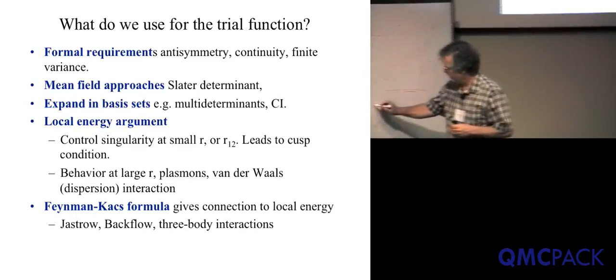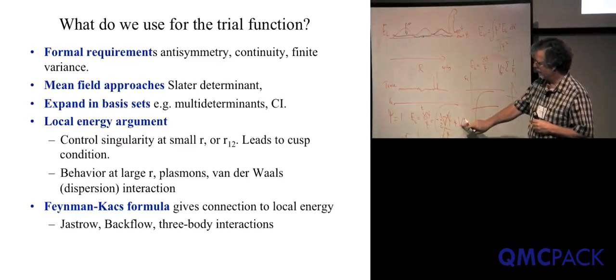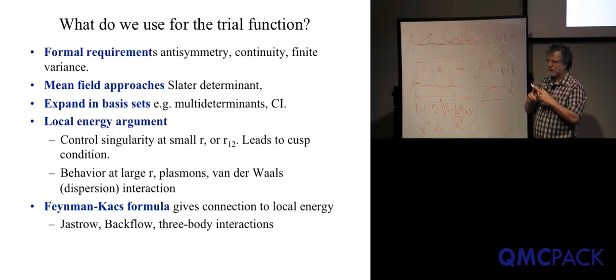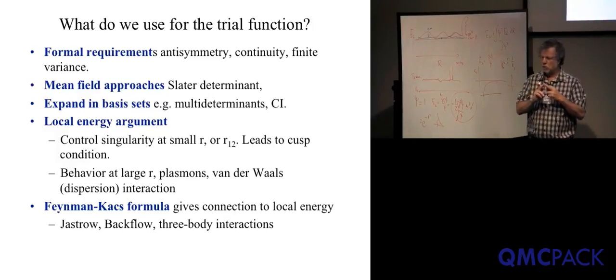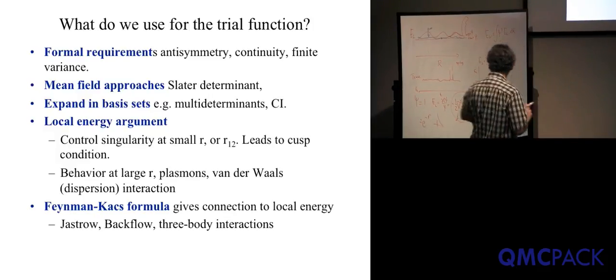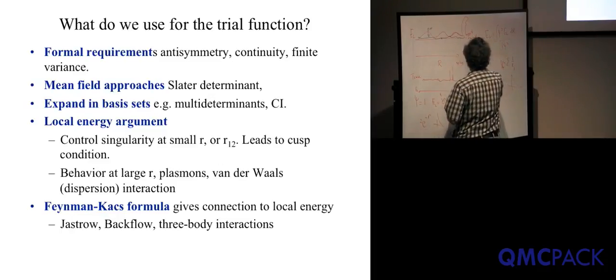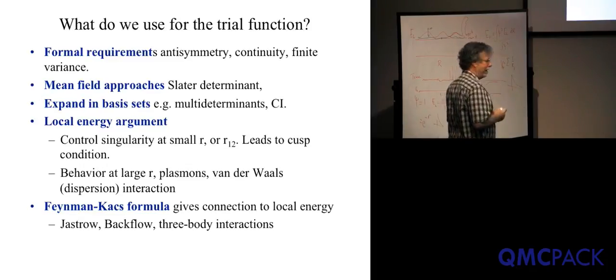Basically, the local energy argument is that if two electrons get close together, we can write down the local energy for just that pair of two electrons. And we're left with a Schrödinger equation for those two electrons. We can solve that just like you do for a hydrogen atom, and you end up with a wave function which is e to the minus u of r_12. That u function is called the Jastrow factor, and it looks like this.